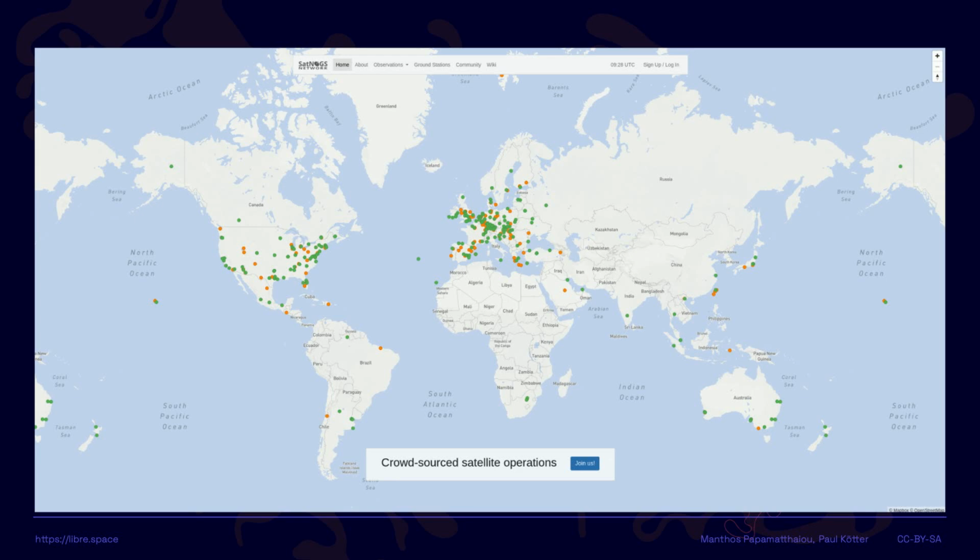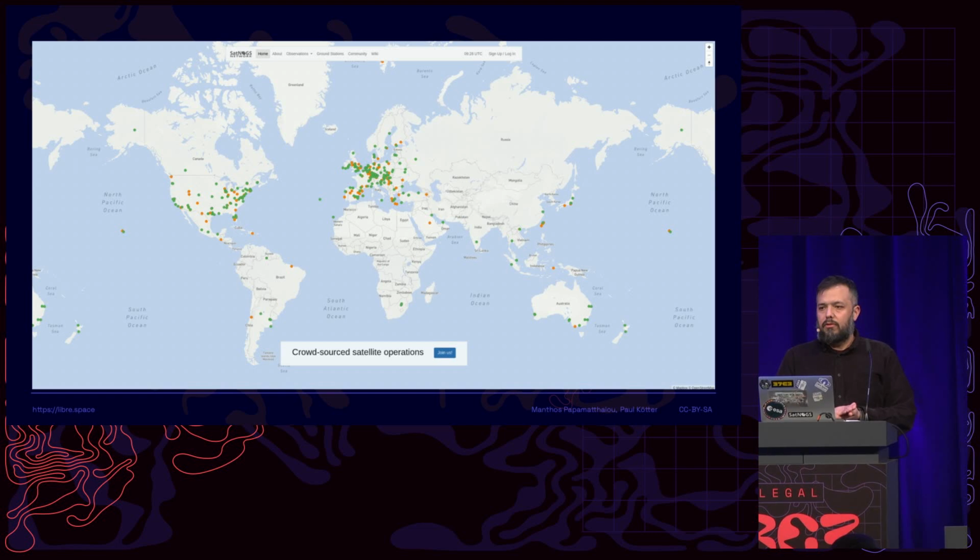SatNOGS is a network of satellite ground stations. As Paul said, if you have a satellite in orbit, you need a ground station in order to communicate, download data, and also send commands to the satellite. So we have built an open source and crowdsourced network. At this point, it has more than 400 stations around the world.